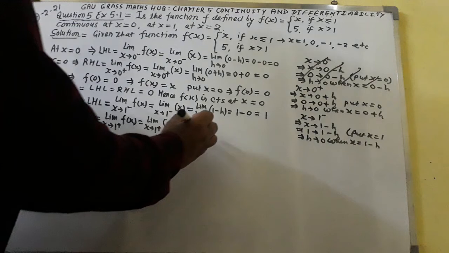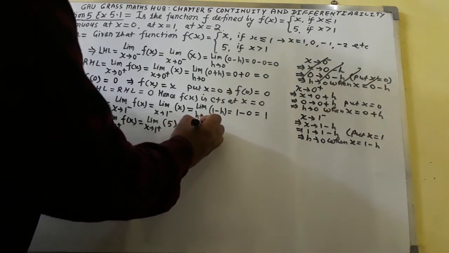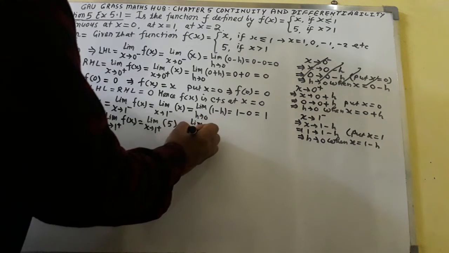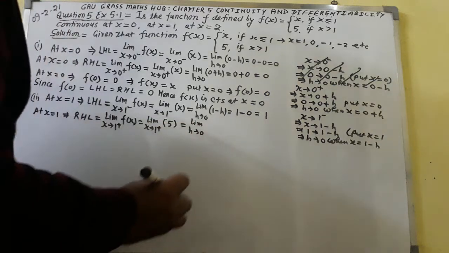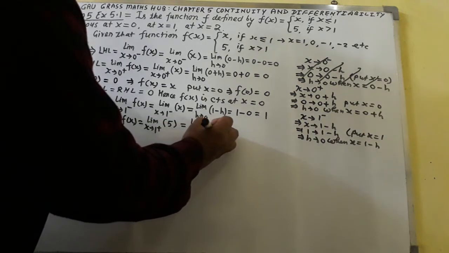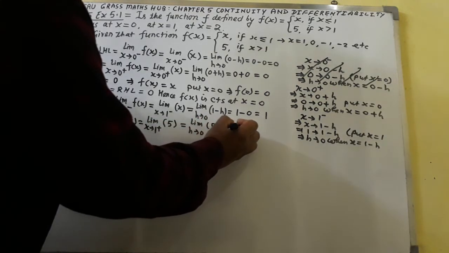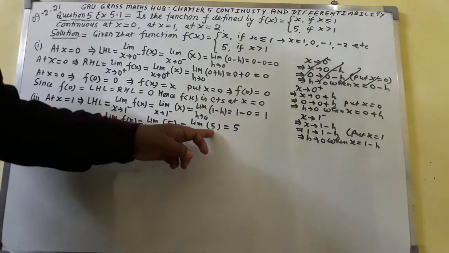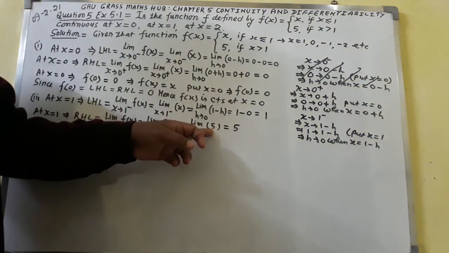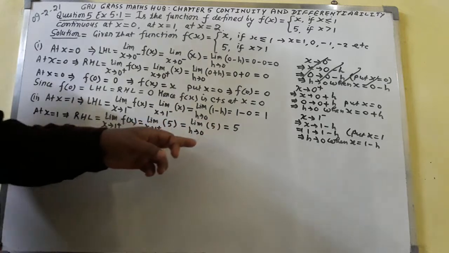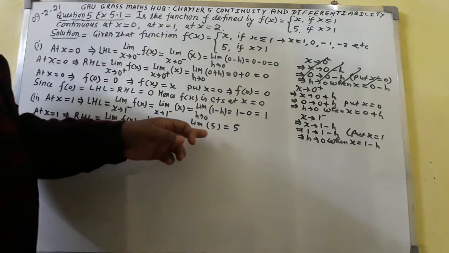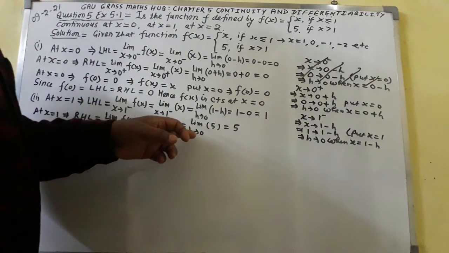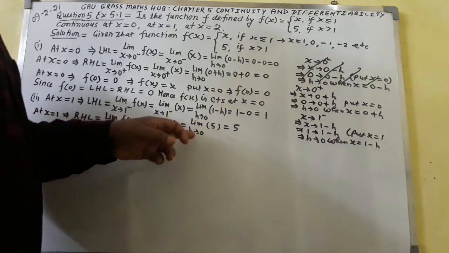Equal to limit h tends to 0 of 5, which comes out to 5, because 5 is a constant.